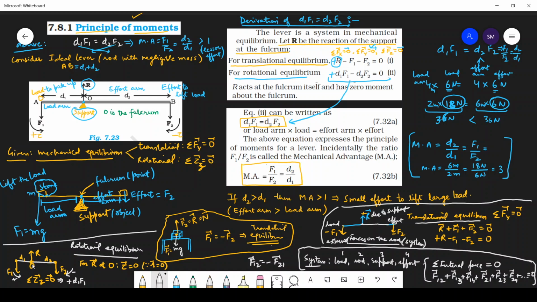What is the torque due to R? Plus 0 into R, I can write, plus due to F2. Now what is the direction here? Downward. So minus D2 F2, and this is the net torque, so net torque is 0.